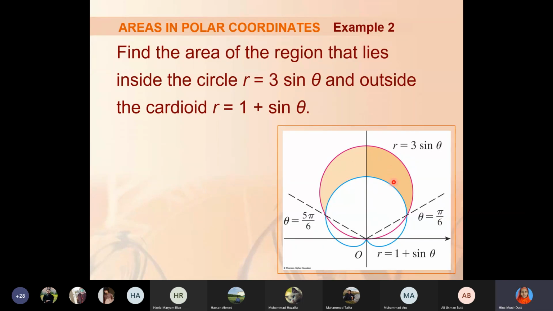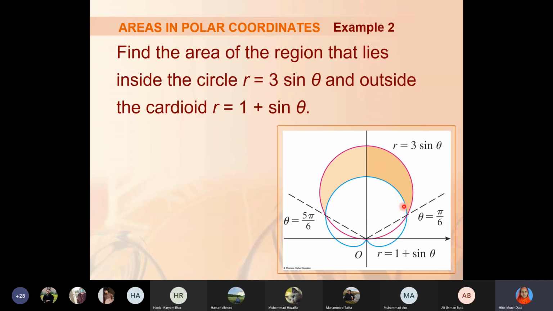After drawing the two polar curves, we have to shade the required region whose area is to be calculated. The required region lies inside this circle and outside this cardioid. So this must be the area of the required region.